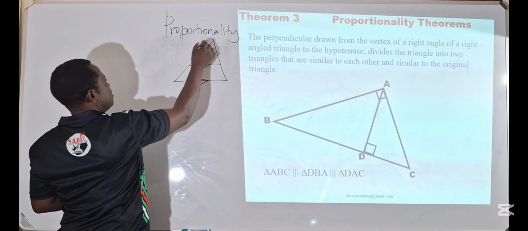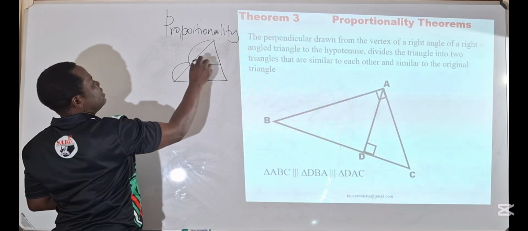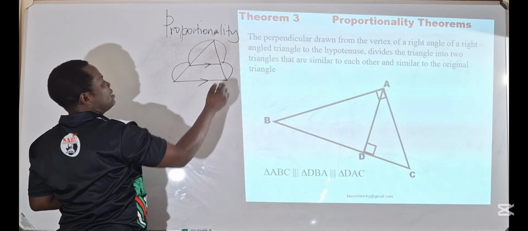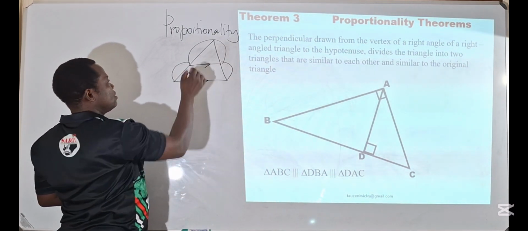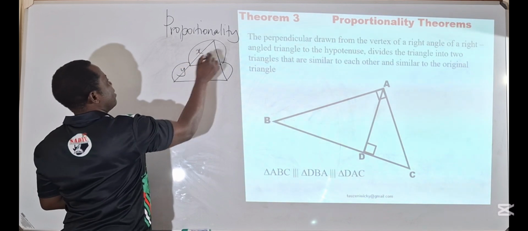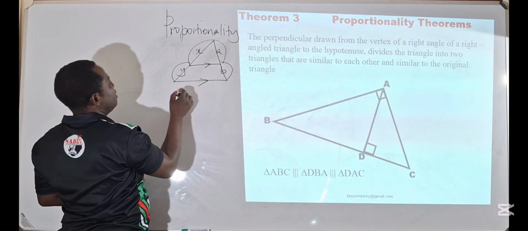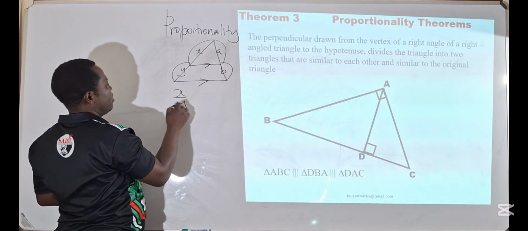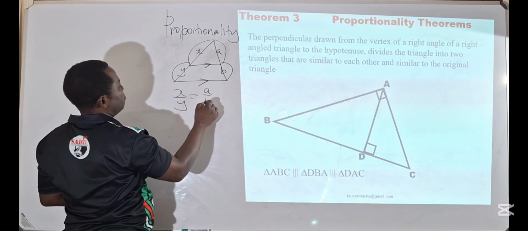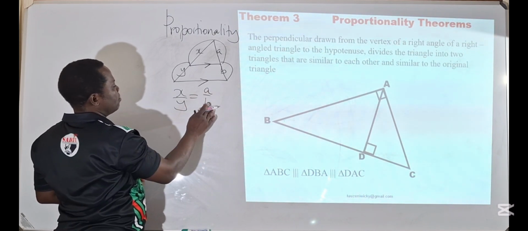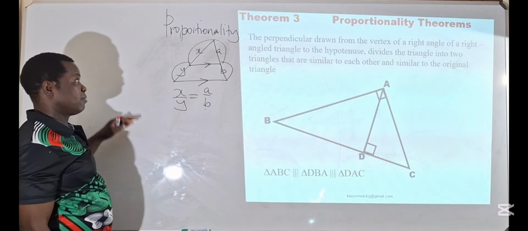Then this line which you have drawn inside divides the sides of this triangle proportionally. So let's say this one is X and this one is Y, this one is A and this one is B. Then we can say that X over Y is equal to A over B, and the reason is the proportionality theorem.